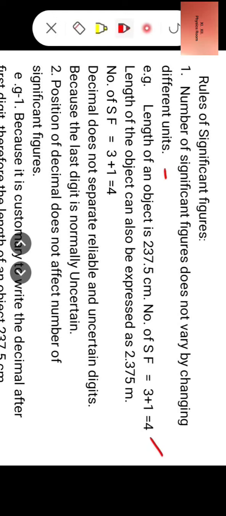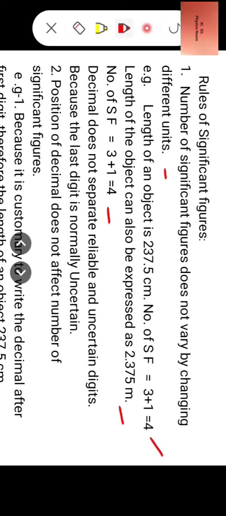Also, the length of an object can be expressed as 2.375 meter in MKS system. Again, number of significant figures is 4, that is reliable 3, uncertain 1. Now we see that the number of significant figures does not vary by changing units from CGS system to MKS system.